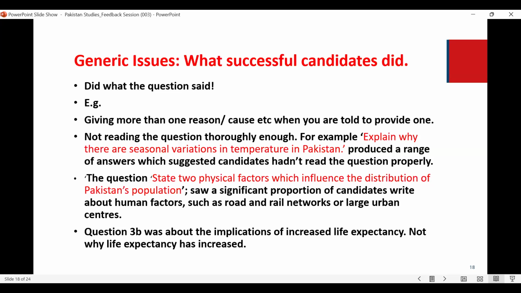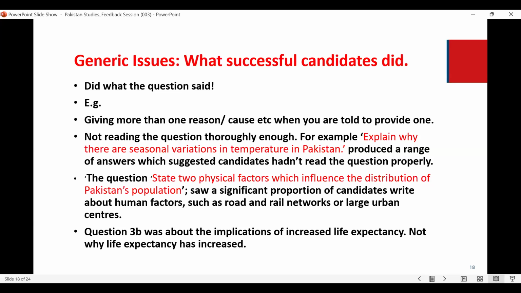And that might be that they're not reading the question thoroughly enough. In the question about the seasonal variations in temperature in Pakistan, there was a range of answers, and that suggested that candidates haven't read the question properly. They're making it the question they want it to be.